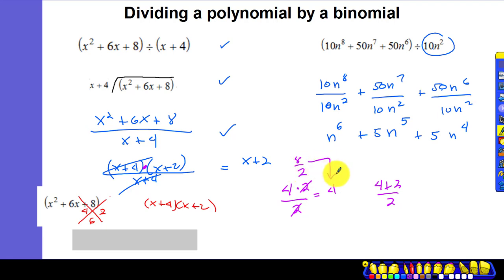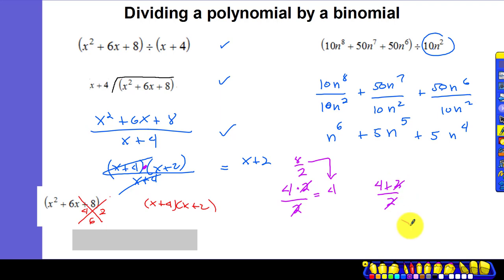Now, if you have a plus sign, as in 4 plus 2 divided by 2, you cannot cancel the 2s because the number you canceled is added to 4. You can only cancel if the expression that you would like to cancel is being multiplied by a different number or different factor. So this one is not allowed. You cannot just cancel 2 and 2. Okay?